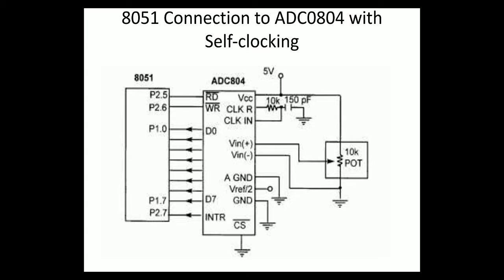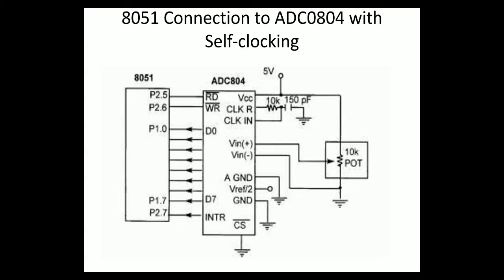It means analog to digital conversion will have a conversion time of 110 microseconds minimum, and if you want to reduce this conversion time, then clock in and clock R need to be used with external clocks.